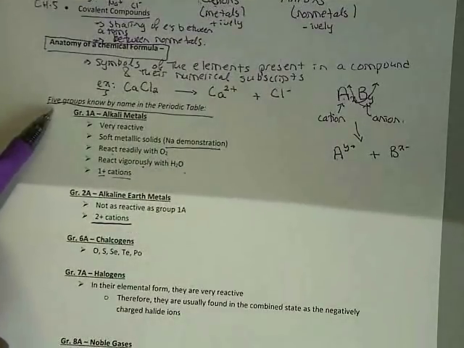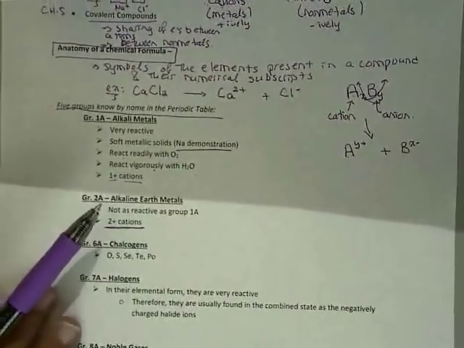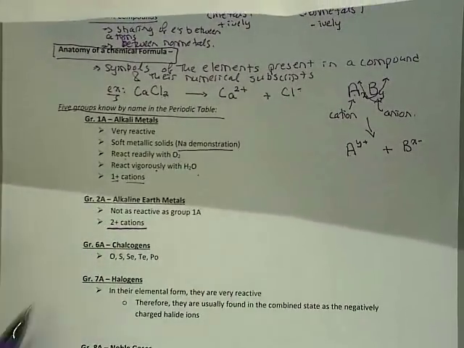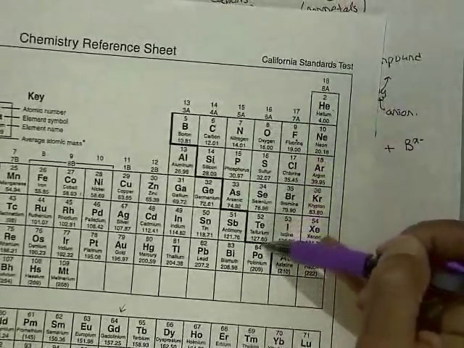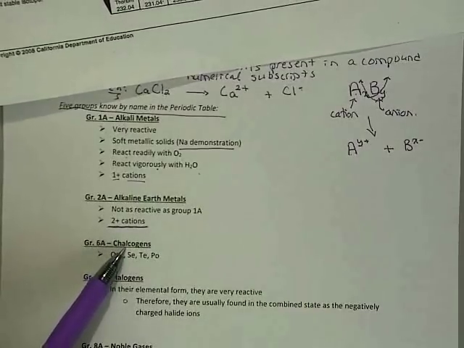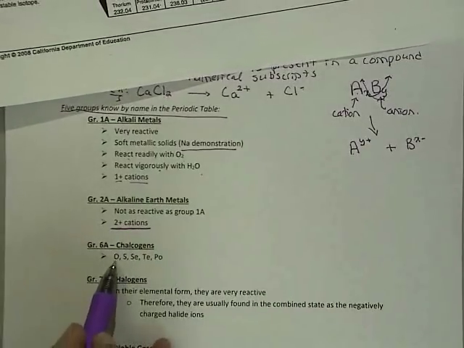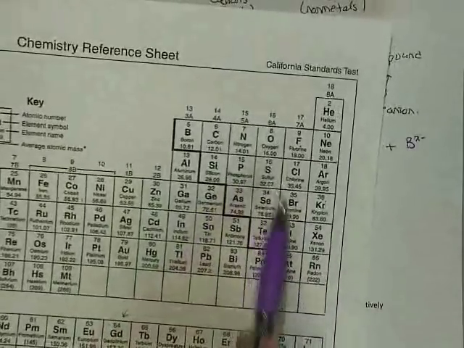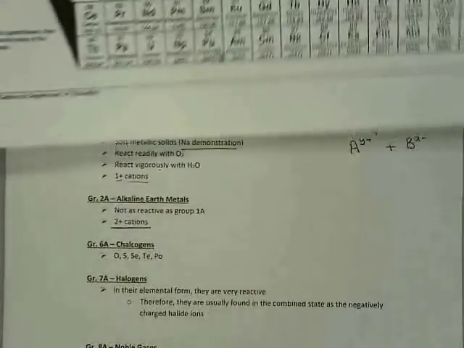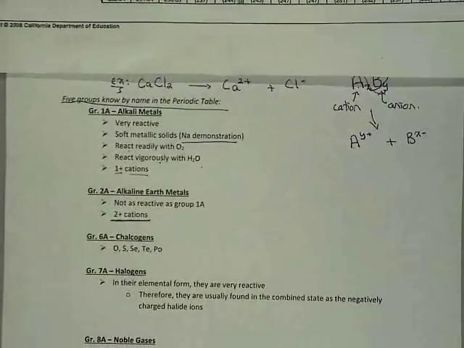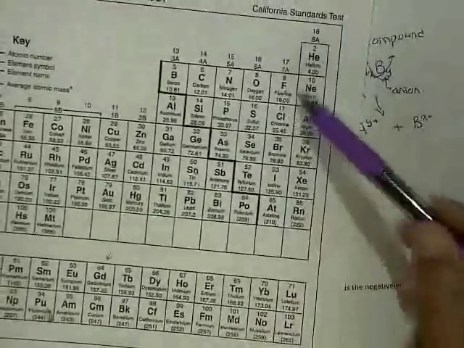So we said we have 5 main groups of the periodic table that you should know by name. The third group is group 6A, so this group right here, and this is known as chalcogens. Here you have oxygen, sulfur, selenium, tellurium, etc. Group 7A is the next group that you should know.